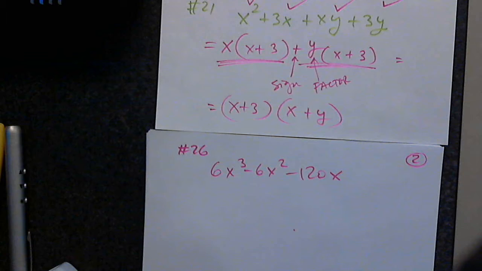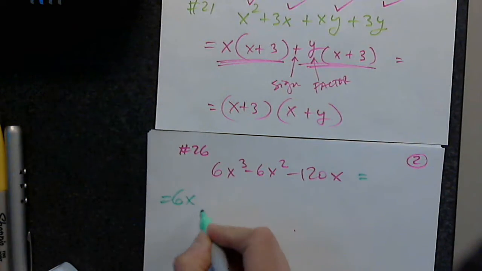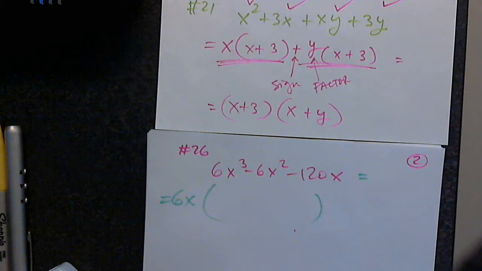Is it in descending order? Yes. Greatest common factor? 6x. How many terms will you write in parentheses? 3. Exactly 3. We started with 3. We cannot lose any. Very good. So what is left in parentheses?